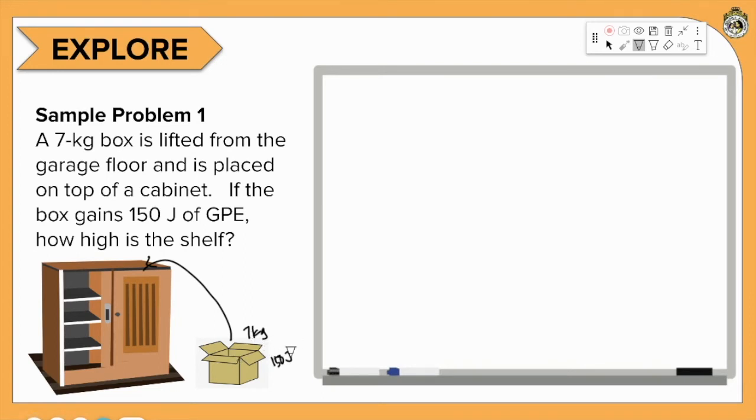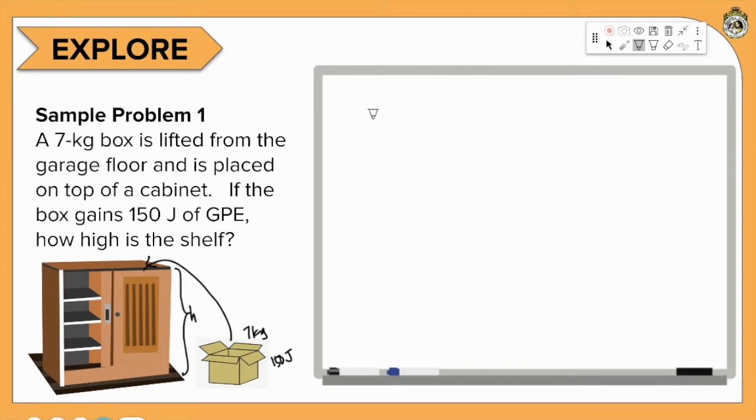The unit is joules, again reminding you that the unit gives you an idea of what the quantity is. So 150 joules of gravitational potential energy. Then the question is, how high is the shelf?